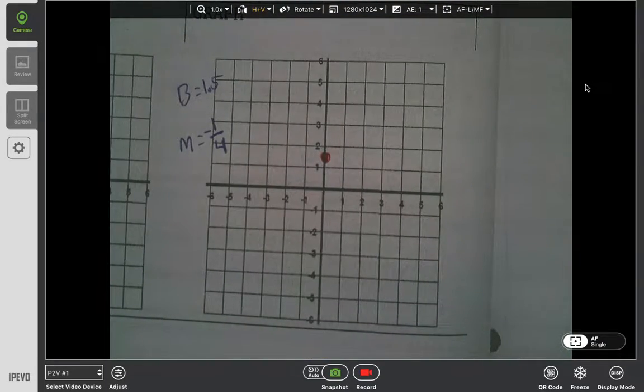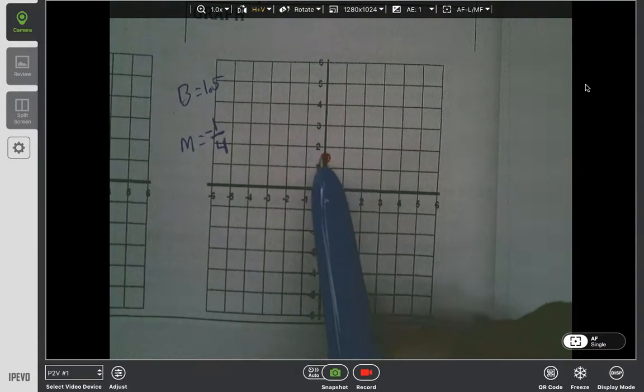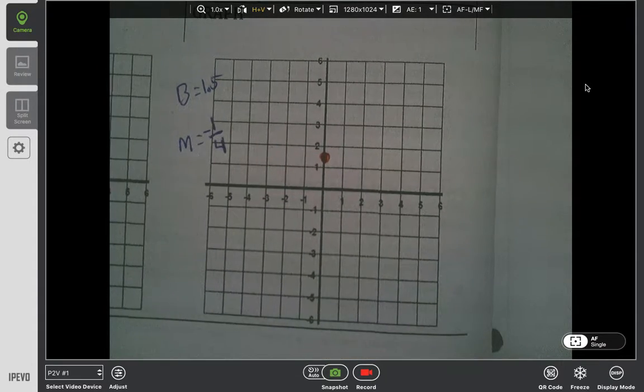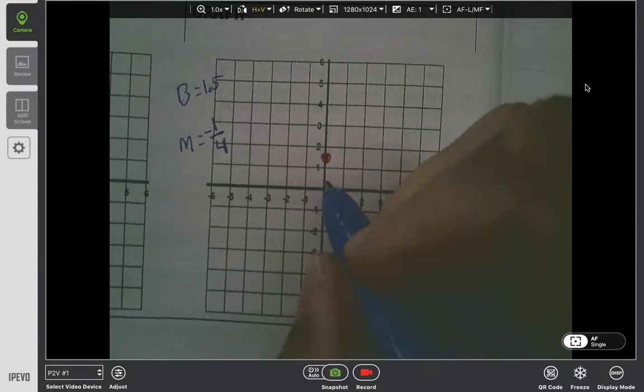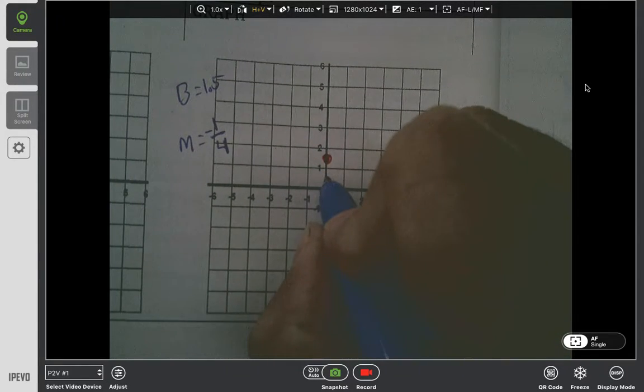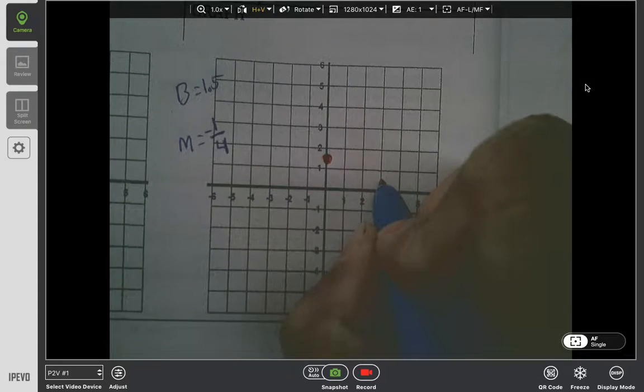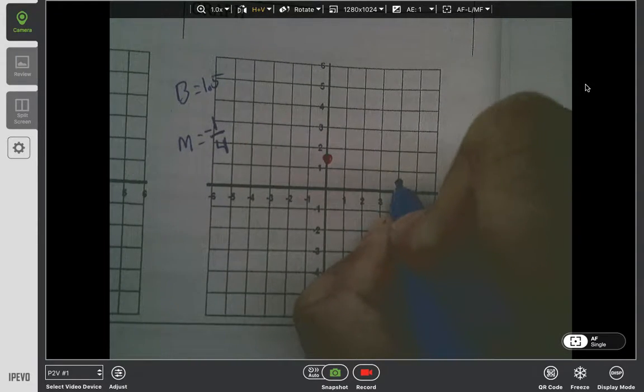How do you think you'd move from the y-intercept with negative 1/4? Yeah, you'd go down 1, right 4. So we go down 1, right 1, 2, 3, 4.